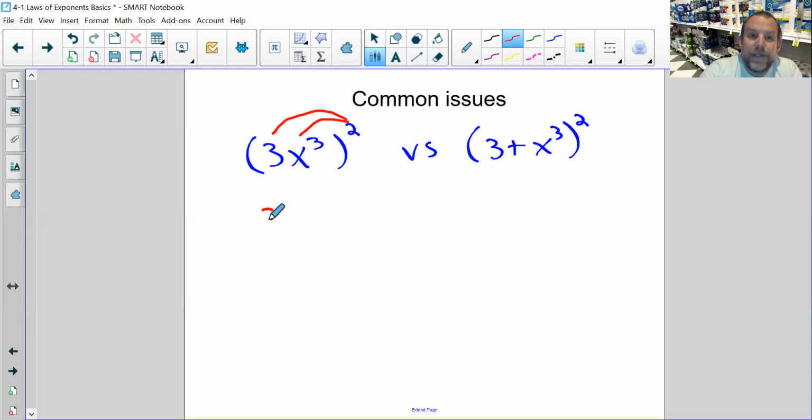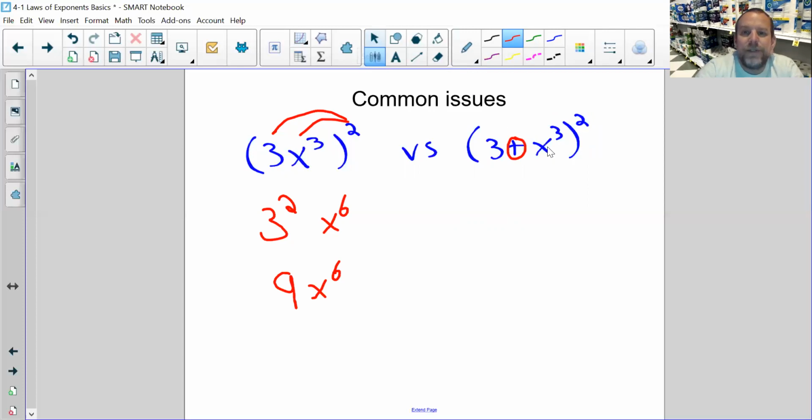So this would be 3 squared x to the 6th, which would be 9x to the 6th. You have to look closely because you can't do that here because you don't have multiplication. Because of this plus sign right there, we know that you cannot distribute an exponent across addition like that.